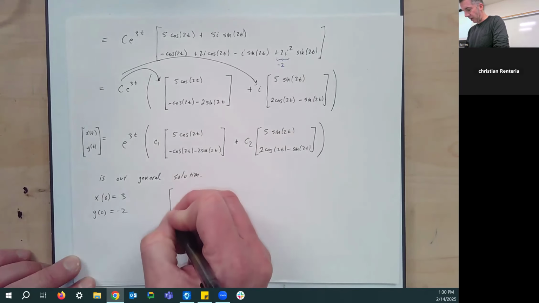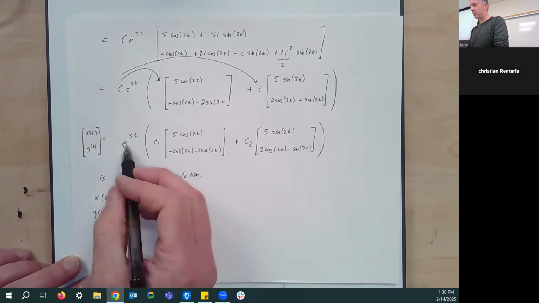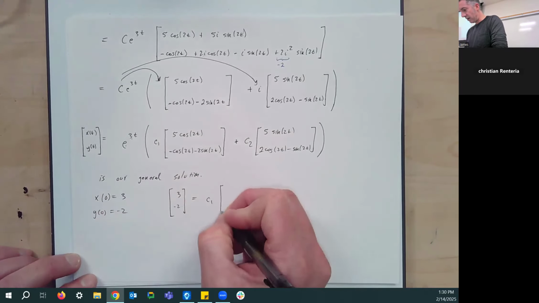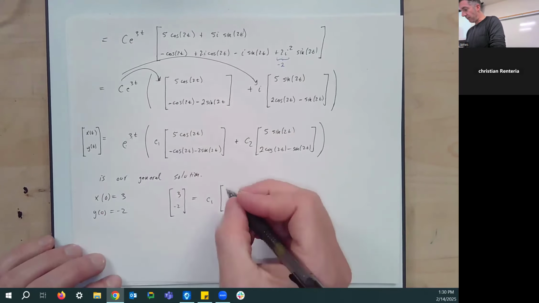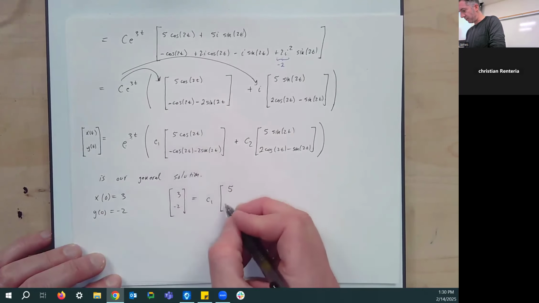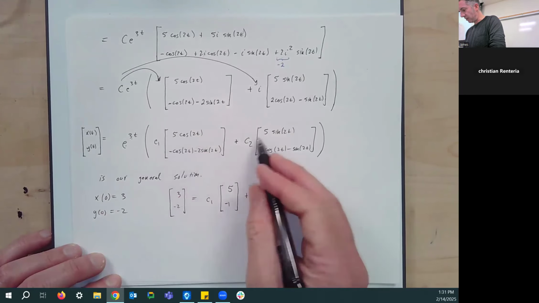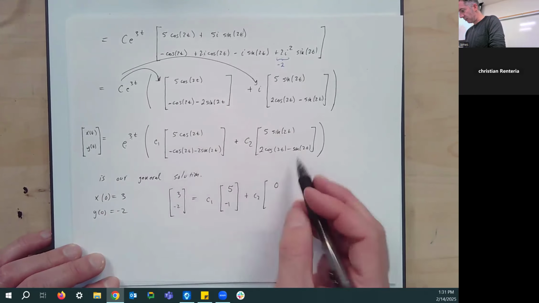On the left-hand side, I have 3, -2. On the right-hand side, I have e to the 0, which is 1, which I'm not going to write. C1 times cosine of 0 is 1, sine of 0 is 0. So we have 5 for that, and then -1 minus 0. And then we have C2 times 5 times 0 is 0. And C2 times 2 times 1.